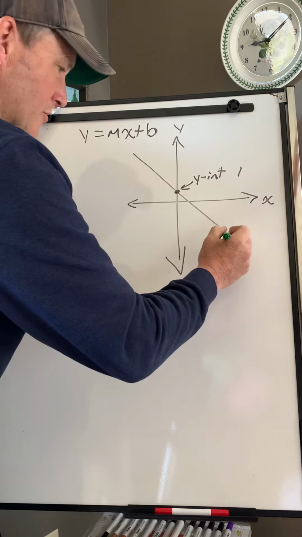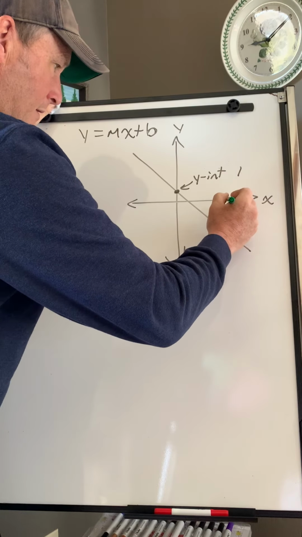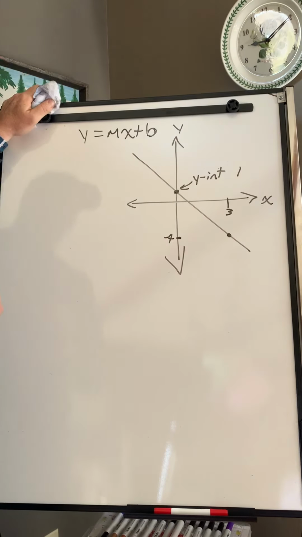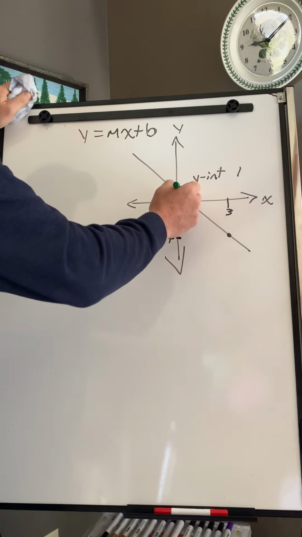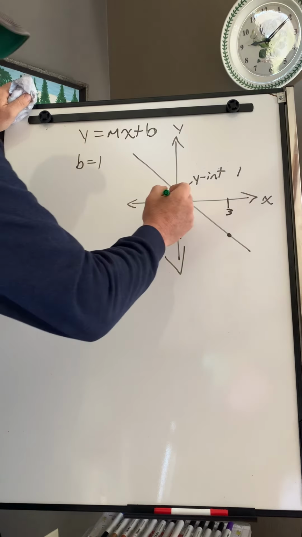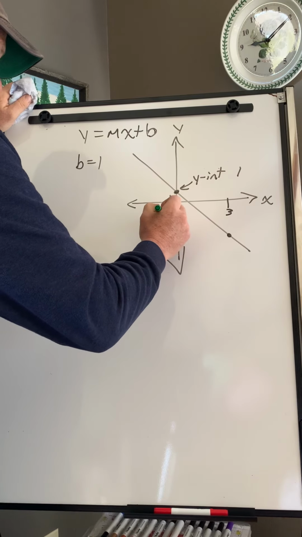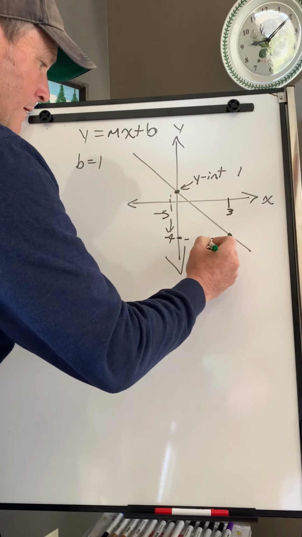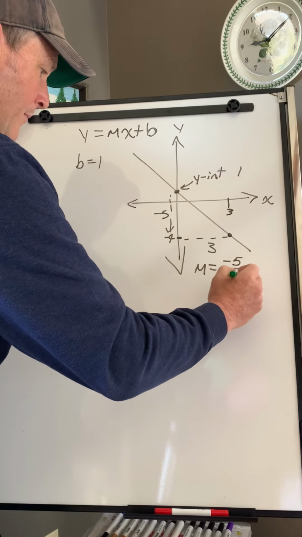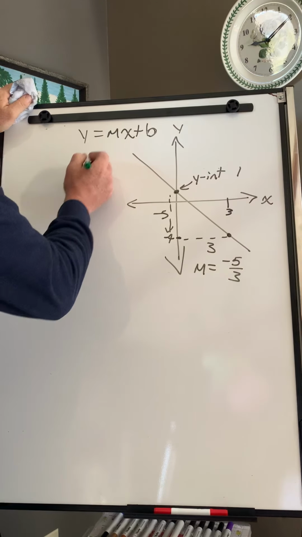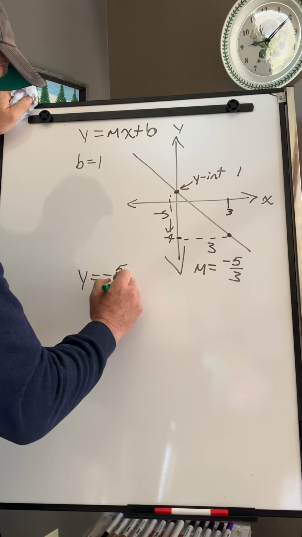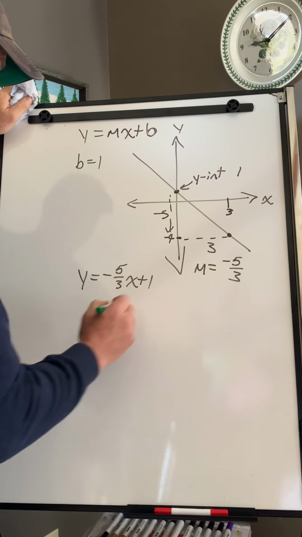Then there's another point here that I can see, which, from what I could read on the graph, was (3, -4). So I have my y-intercept, so I know b equals 1. Then I go down 5 over 3, so my slope is -5 over 3. Sub this in and this in, and I have my equation: y equals -5 over 3 x plus 1.